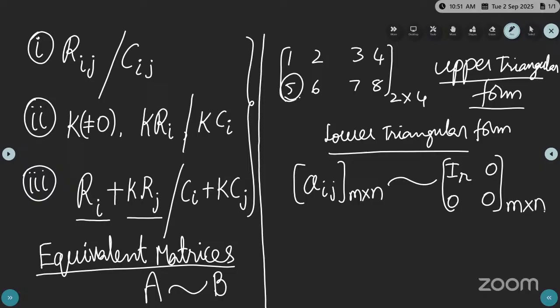This we call the normal form of the given matrix. Write down.